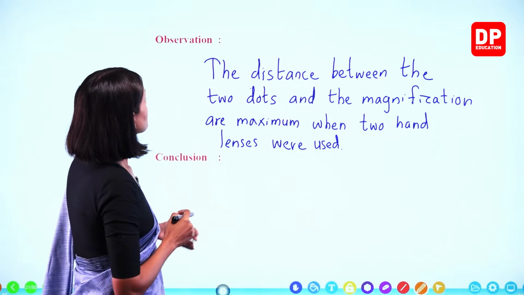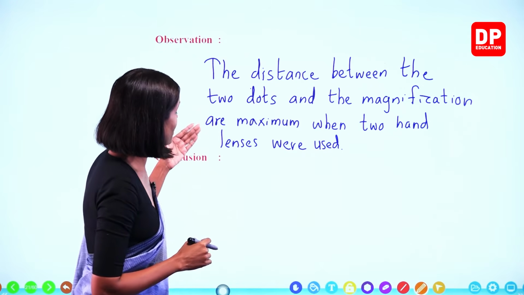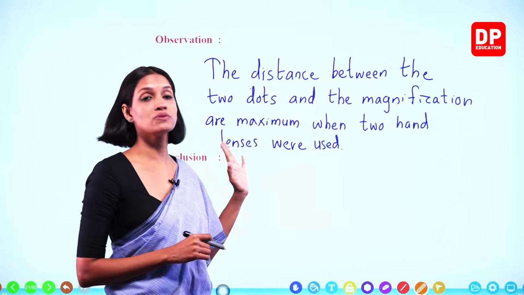Right? The distance between the two dots and the magnification are maximum when two hand lenses were used.